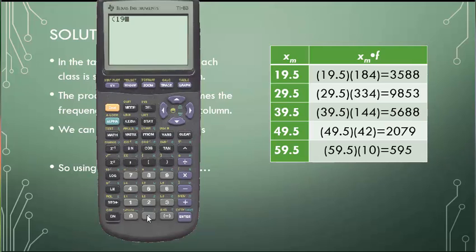We're going to take 19.5, the midpoint of the first class, times the product from the second column, 3,588, plus 29.5 times 9,853, plus 39.5 times 5,688, almost done, plus 49.5 times 2,079, and then finally we want to add on 59.5 times 595, and then we want to divide that by the sum of the frequencies, the sample size.